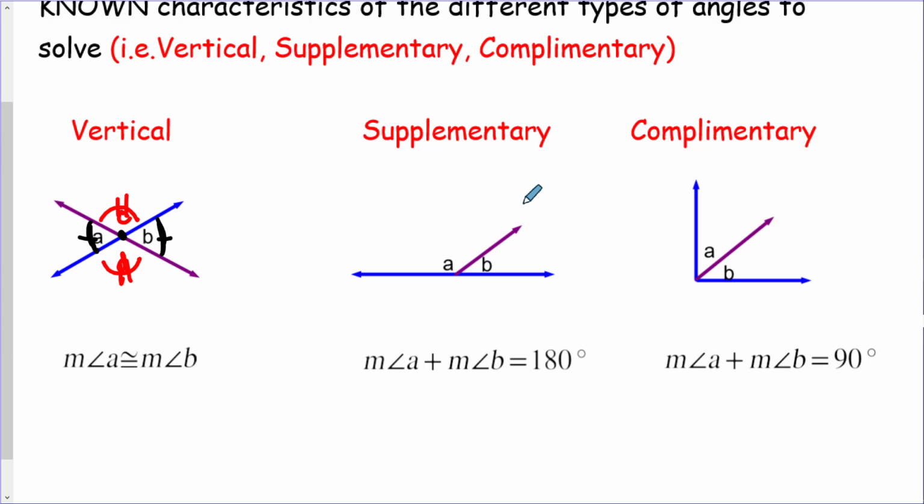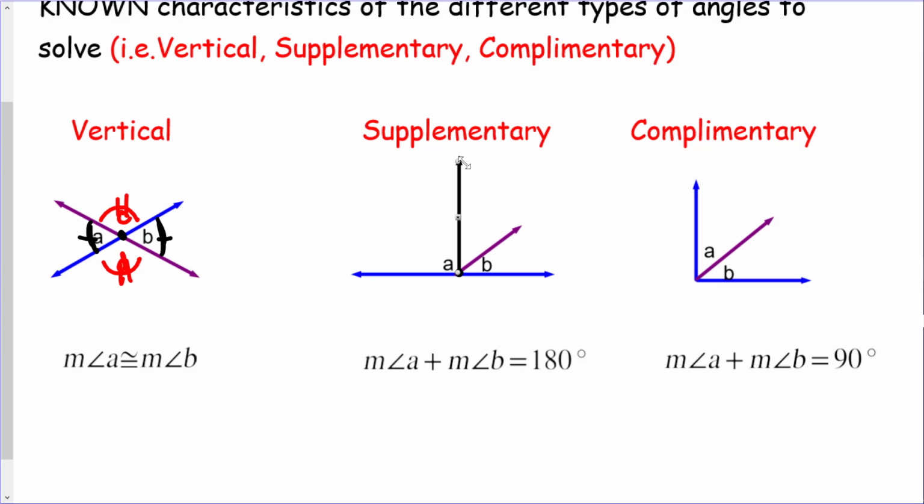Supplementary angles. What we know about supplementary angles is that when we add them together, they equal a straight line, which is 180 degrees. So if I started here, this would be 0 degrees. And as I open my ray, it would get larger and larger, right? So here is where angle B is.